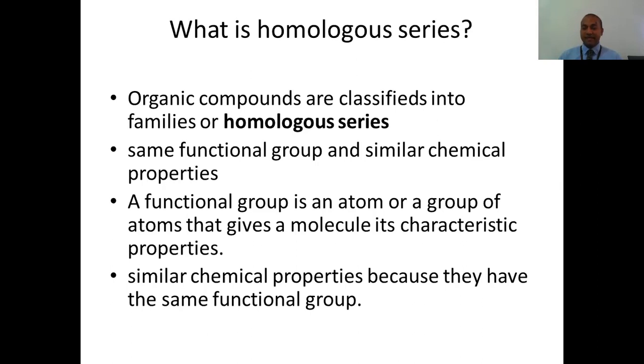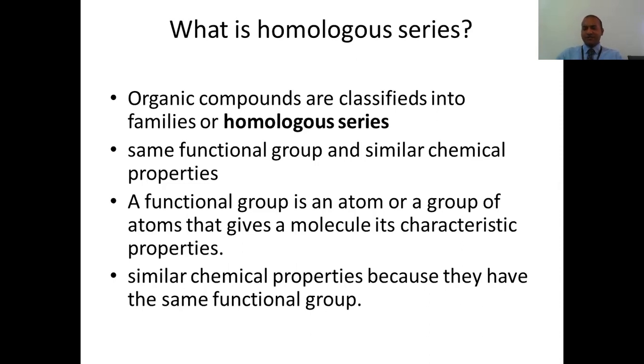A functional group is an atom or a group of atoms that gives a molecule its characteristic properties. So why do they have similar chemical properties? Because they have the same functional group. This is very important, and probably you would like to highlight this: all the chemicals in a homologous series have similar chemical properties.